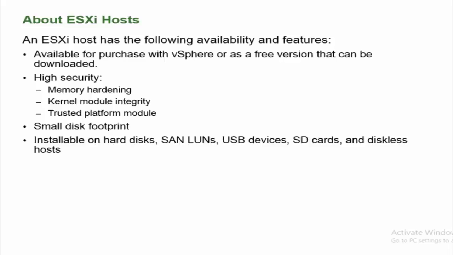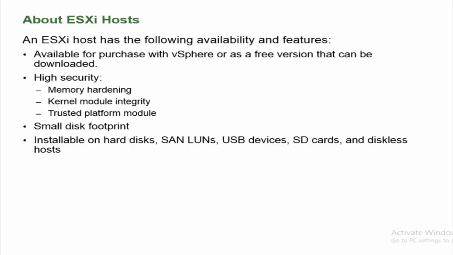The Trusted Platform Module, as you must know, is a hardware chip inside your motherboard. It is like BitLocker in Windows, which you see when you right click on your C drive. It is the same feature, Trusted Platform Module, which is also available for the ESXi host, just to make it more secure.